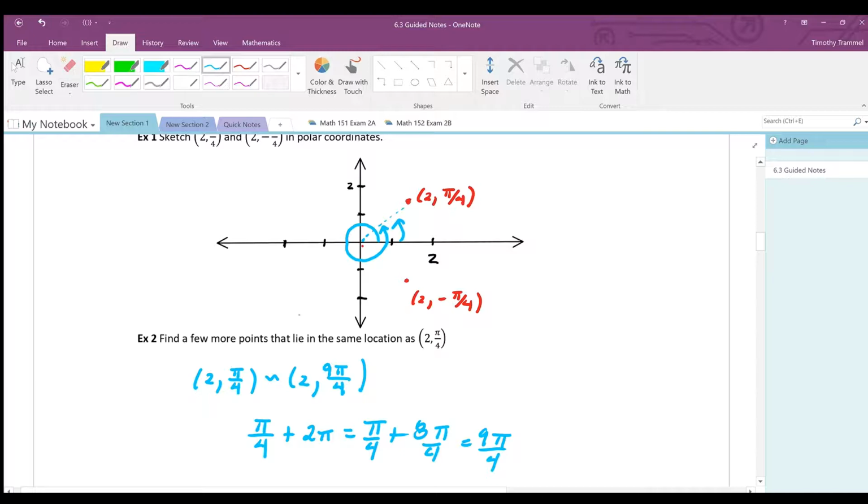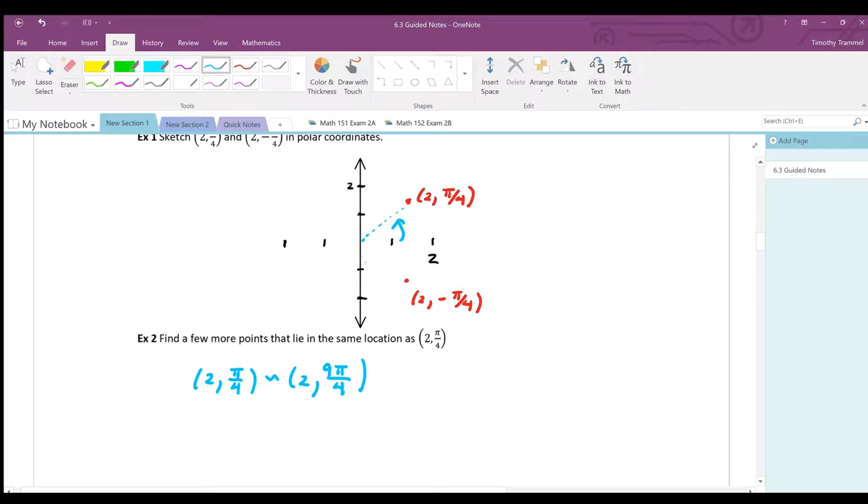Well, it also ends up that we can do this a slightly different way. So we haven't discussed it yet, but you may actually already have a question here. And that question might be, well, what about if r is negative? Where are those points going to be? Okay.